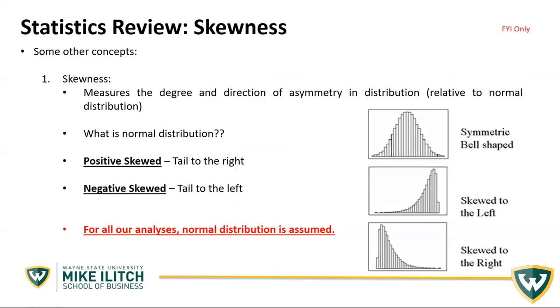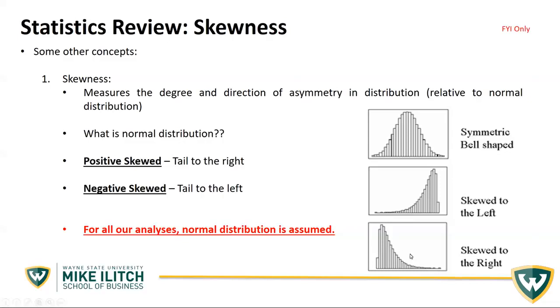Let's review just a few other statistical properties. And as you can note, this is for information only. I'm not going to be asking these in your tests, but this will be useful for our upcoming discussions about the normal distribution and z-scores. So skewness is a measure of the direction of asymmetry in your distribution. If your data is positively skewed, then you have a tail to the right of your curve, just like this one.